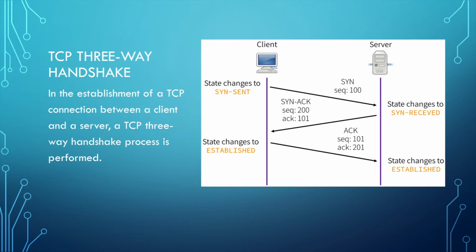But for the three-way handshake, it just combines the server's response with the ACK to the client's sequence and also sends the server's sequence. In this way, three packets can help establish a connection.